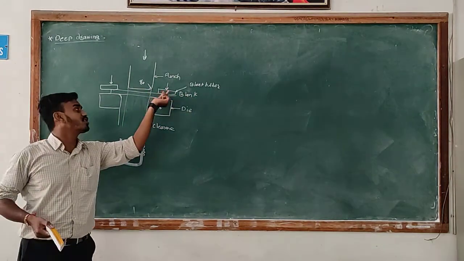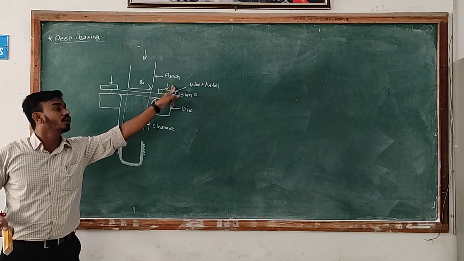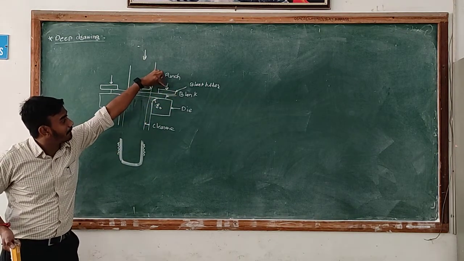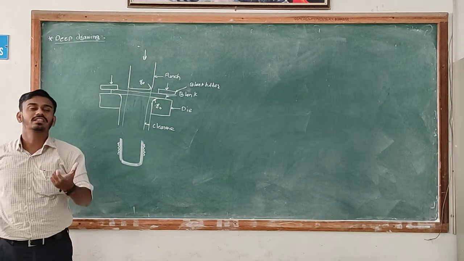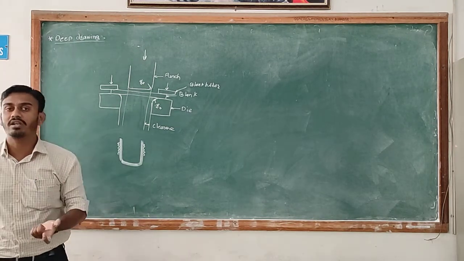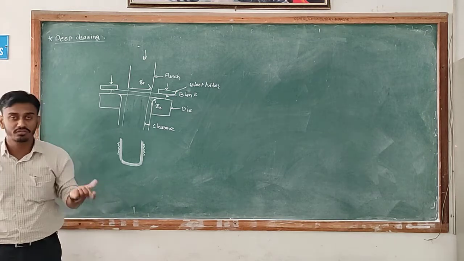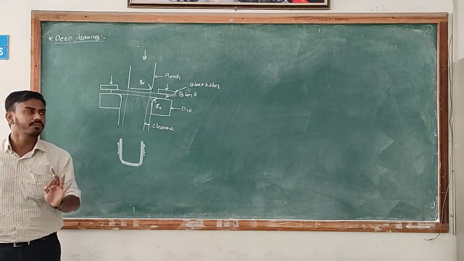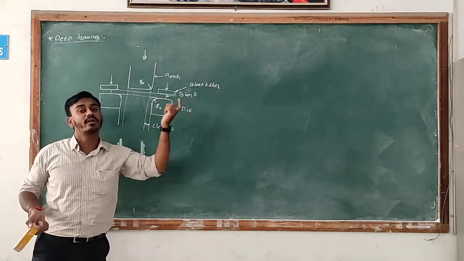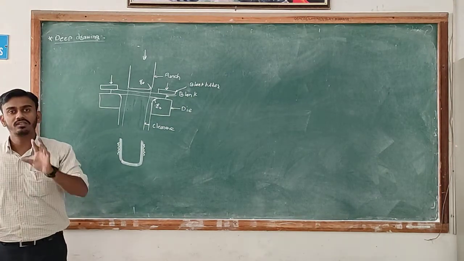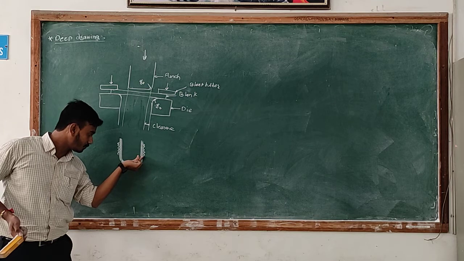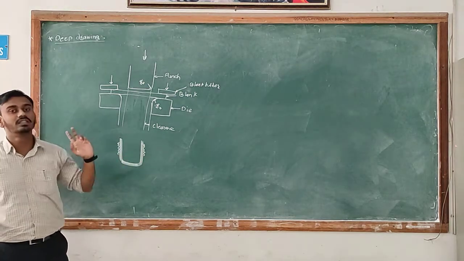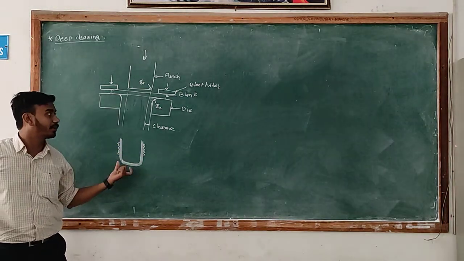And how much pressure is applied? It should have some specific value. It should not be very large or very low. If this blank holder pressure is very low, then wrinkles appear on the outer surface of the final product.